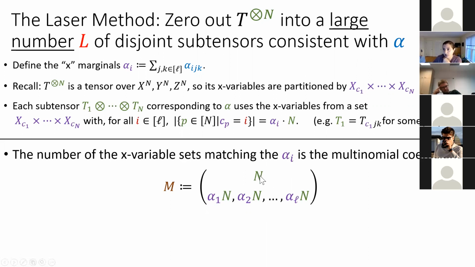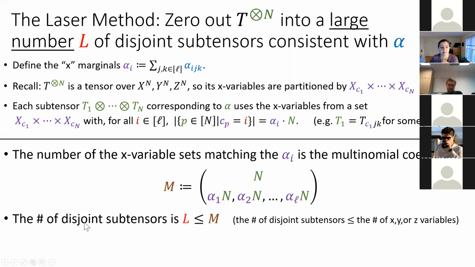The number of ways you can split n into alpha 1 n parts that fall in x sub 1, alpha 2 n parts that fall in x sub 2, and so up to alpha l times n parts that fall in x sub l. So this is the multinomial coefficient, and this is the total number of variable sets that could possibly match alpha sub I.